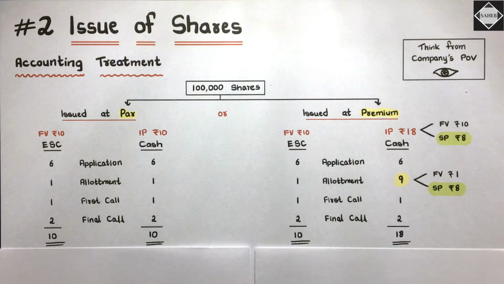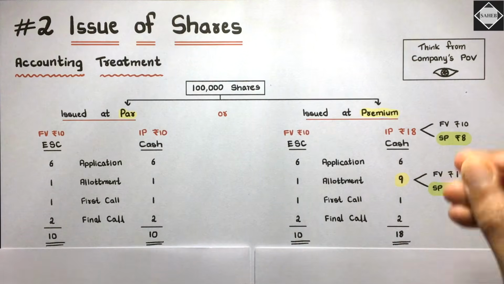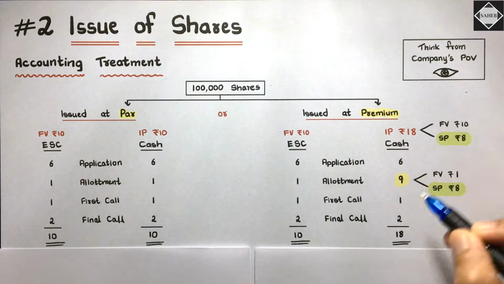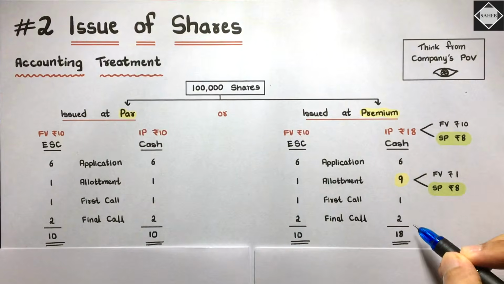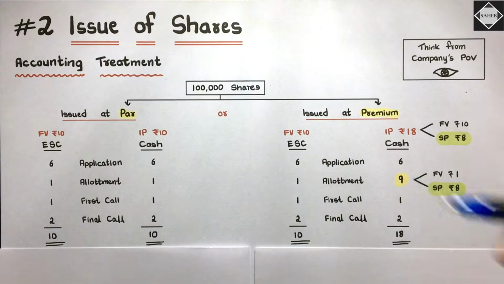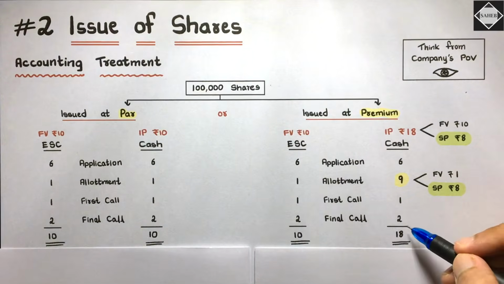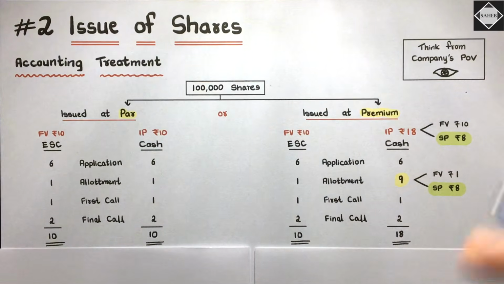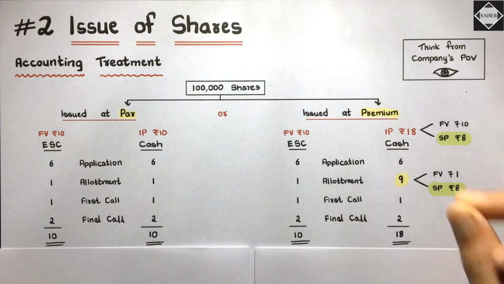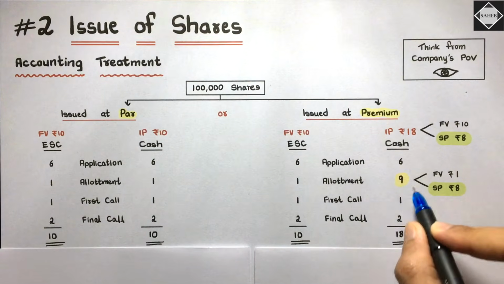So you understand. Sometimes the question will tell you in which installment this premium, this extra money, is hidden. It can be hidden in application, it can be hidden in allotment, it can be hidden in first call, it can be hidden in final call also. But if the question is silent, if the question doesn't say, then you have to understand it will always be hidden in the allotment money only.